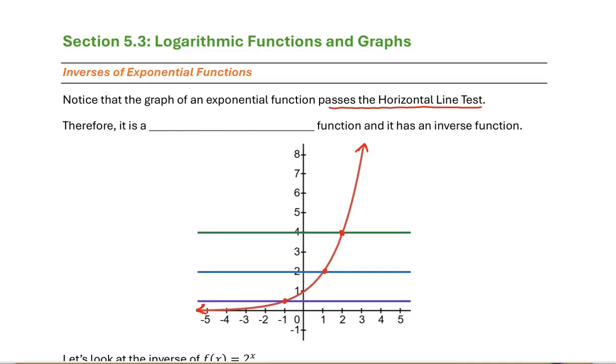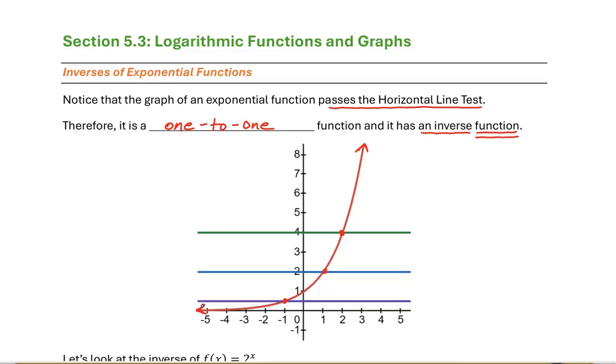And of course that means it's a what kind of function? Yes, I'm sure you're all saying it right now. A one-to-one function. And for us, that means it has not just an inverse, but an inverse function.